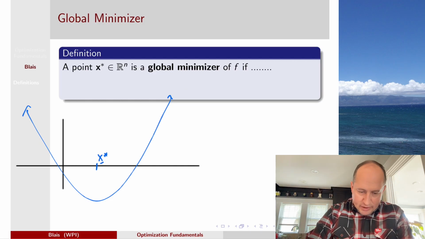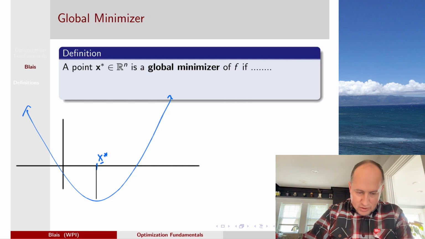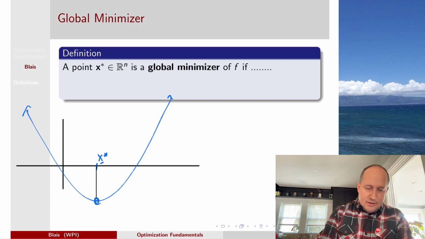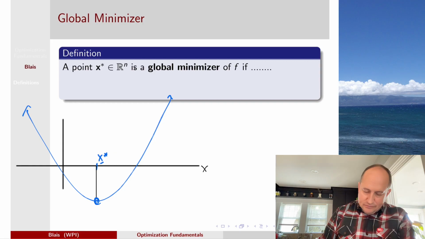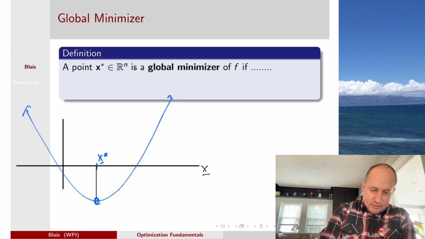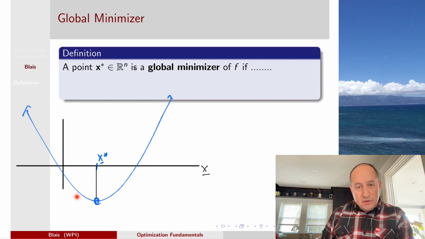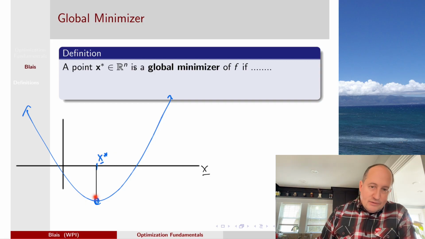That's the point in the domain where the function achieves its lowest possible value. So if you plug in any other x value from the domain, you should get something greater than or equal to what you would get if you plugged in this x star. And that gives us the definition.